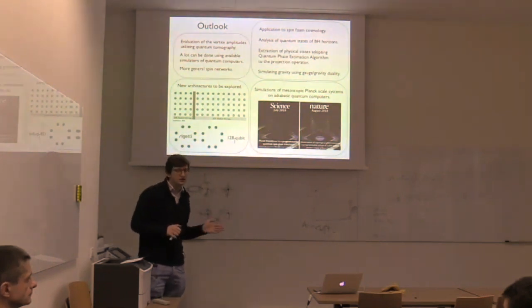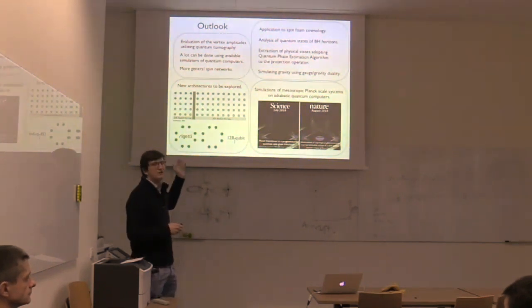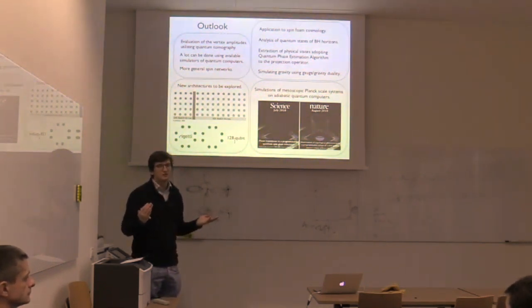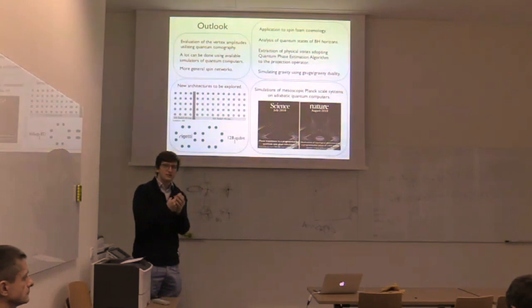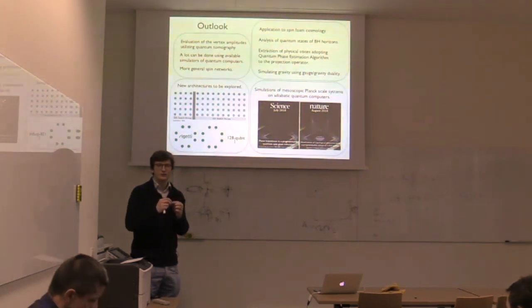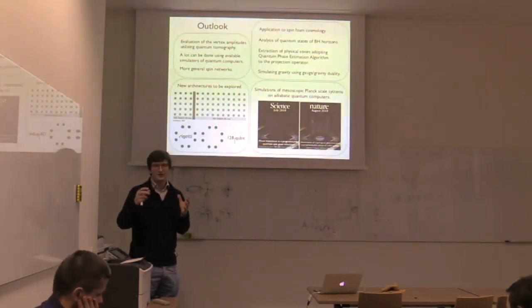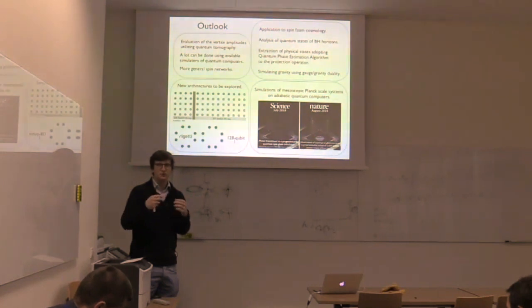At the end, I've discussed the vertex amplitude, but if you compute the vertex amplitude for a single vertex, then you can use this number as an elementary building block for much more complicated amplitudes, and you don't have to use quantum computers anymore.